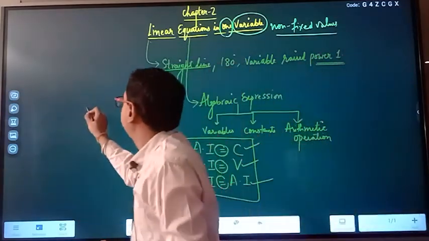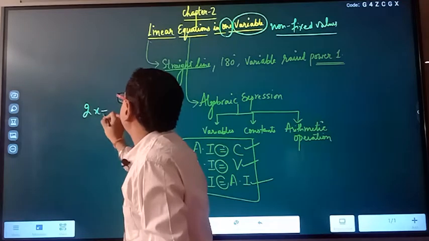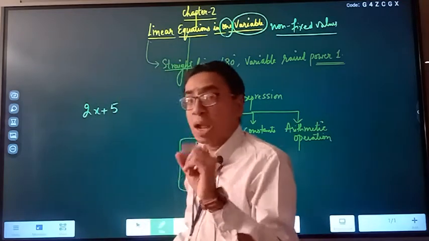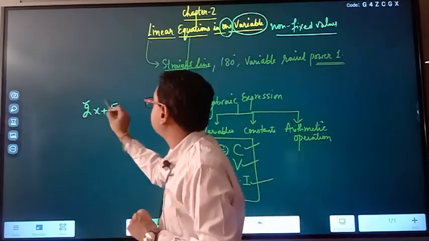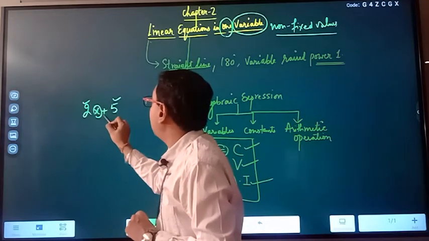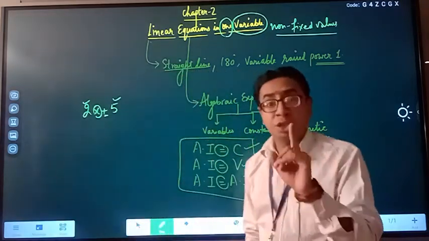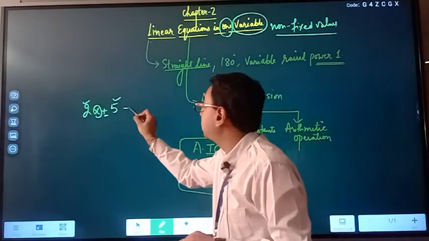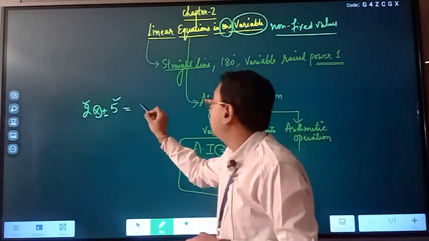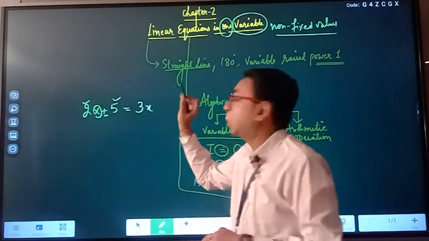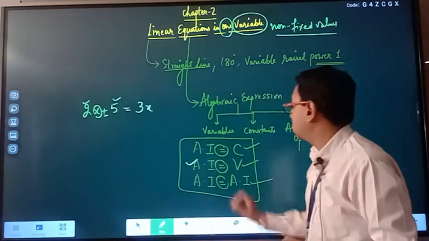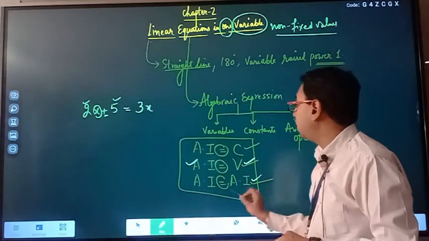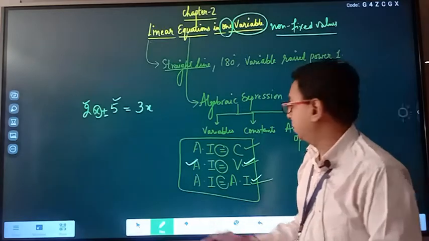For example, 2x plus 5. It's an algebraic expression. Why? Because it is a combination of constant, variable and arithmetic operation, plus or minus. If I put this algebraic expression equal to 3x, what I did is put an algebraic expression equal to another algebraic expression or a variable. That's the thing.